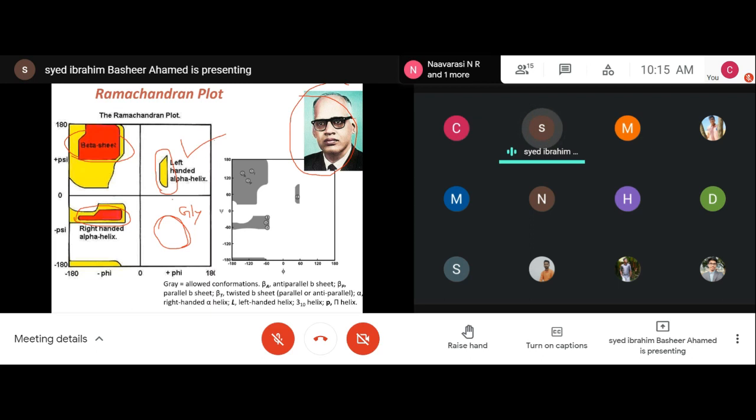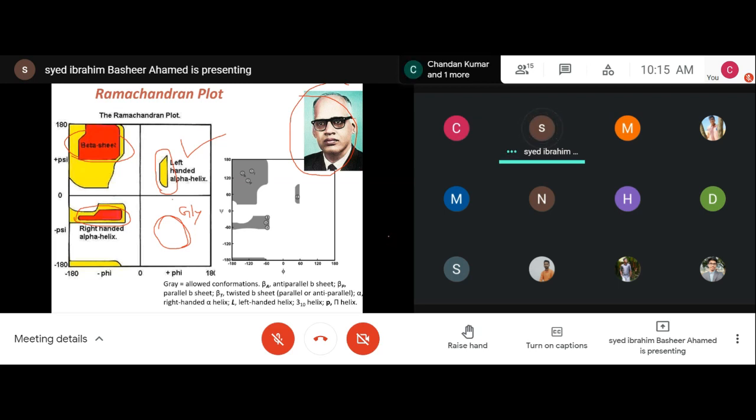If the Ramachandran plot says all the amino acids in the model lie in the allowed region, then the model is correct. If it says some amino acids are found in a disallowed region, then the model is wrong. You have to remodel it.